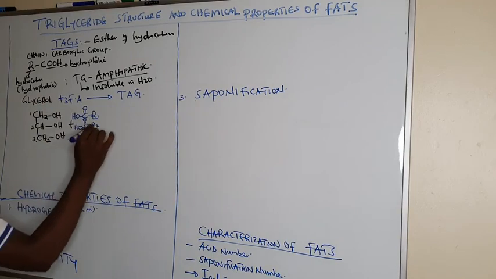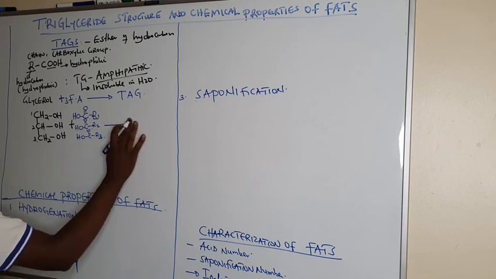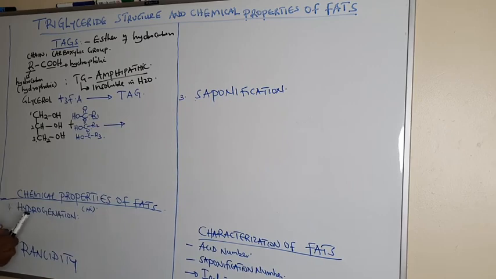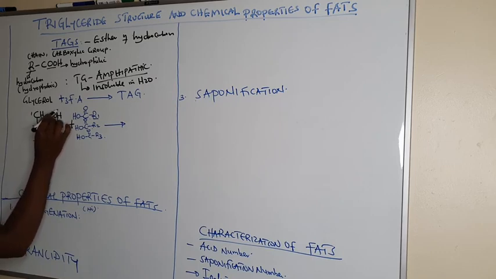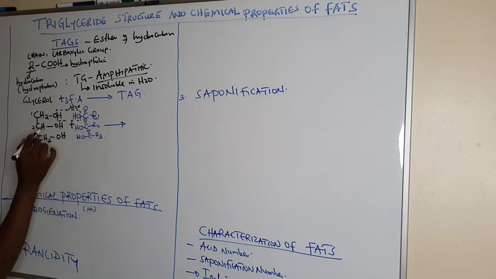So when we react them together, we are able to form triglyceride. How is that? The hydrogen group on the glycerol reacts with the hydroxyl group on the fatty acid, resulting in formation of water.